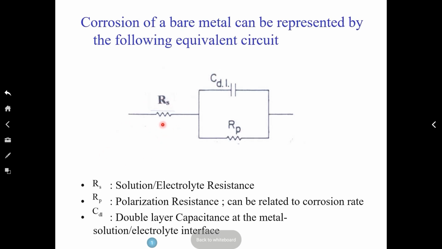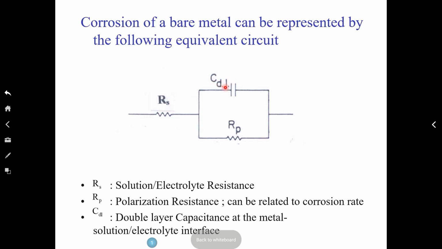In that particular case, where you have a metal that will be corroding because of the reaction at the interface of the metal inserted in the solution, that R will represent the resistance of the solution, which is an electrolyte. So that's basically the resistance of the solution.